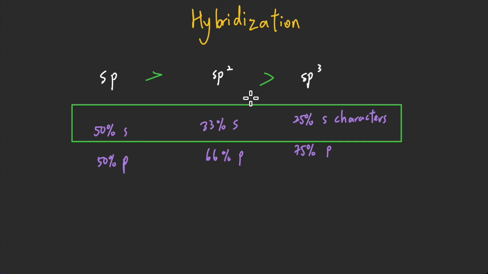This is because as the s character increases, the electron density is closer, and therefore it is better held by the charged particle, the proton. Or we can say that the more stable, the stronger the base will be.